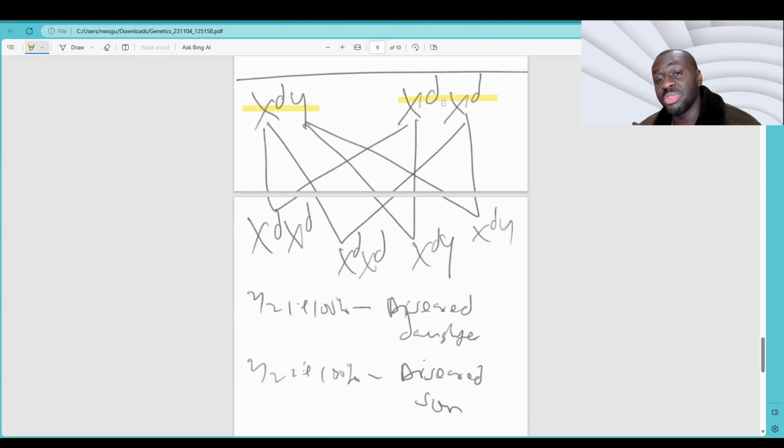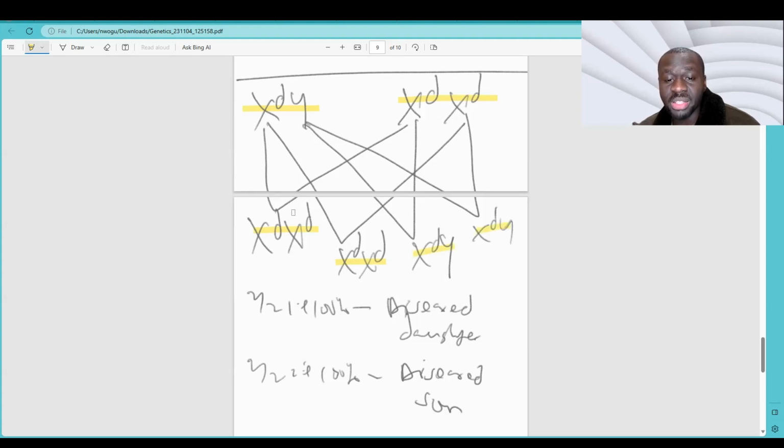The woman has hemophilia because she has 2 copies, and it's a recessive condition. So for a woman to have it, she must have 2. The man only has 1 X, so the moment he has it, it is going to manifest. Now, what's going to happen in this situation? This child will have it. This girl will have it. This boy child will have it, and this boy child will have it.